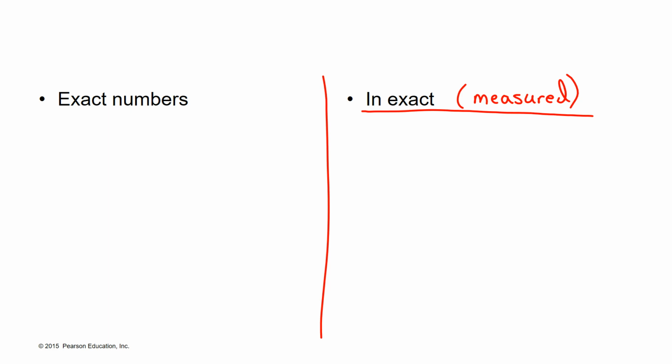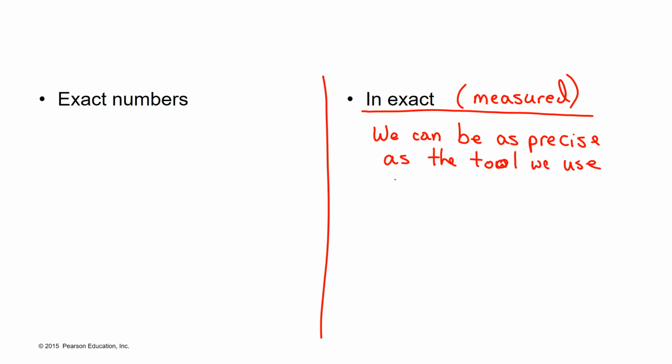So when we're talking about exact numbers or measured numbers, one of the things that I want us to know is that we can only be as precise as the tools that we're using to measure the item.